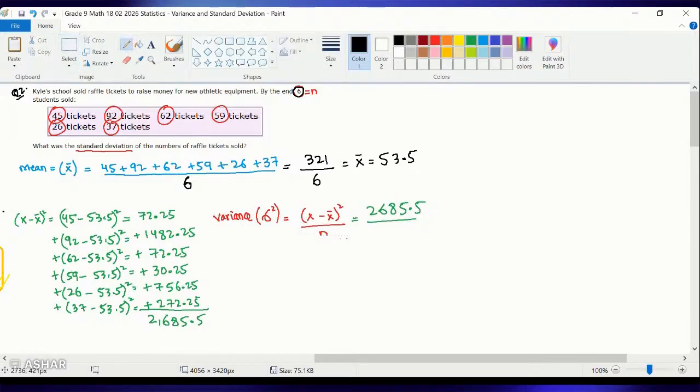That means n was equal to 6. When we divide it by 6, our answer comes out to be 447.58. When we round it off, we can say variance comes out to be 447.6.